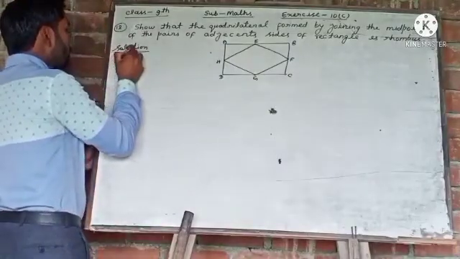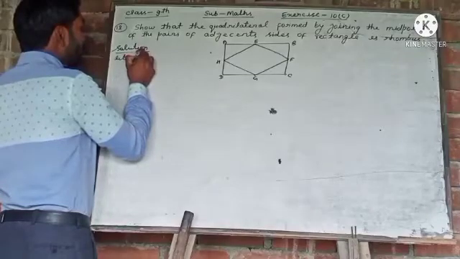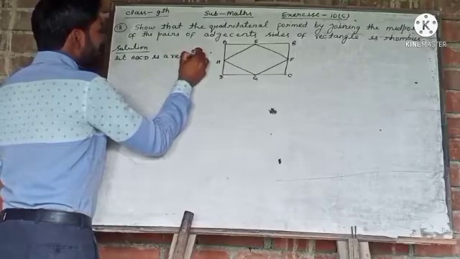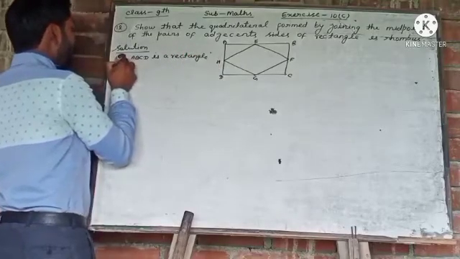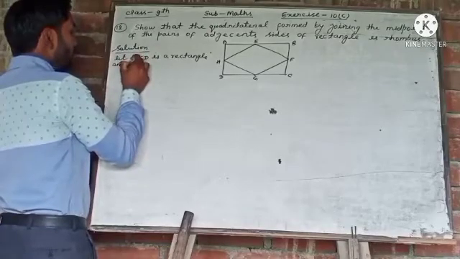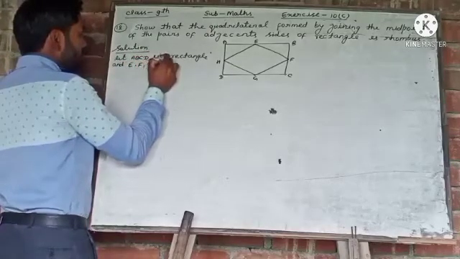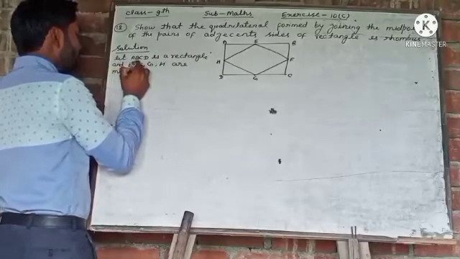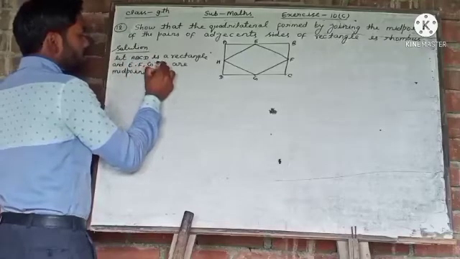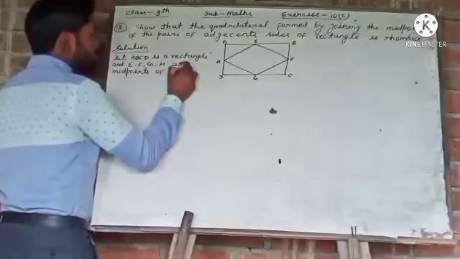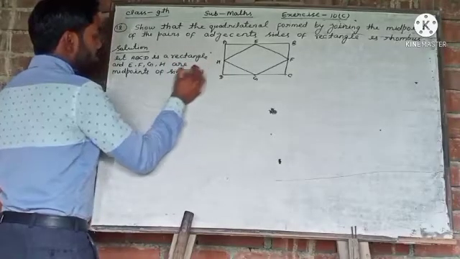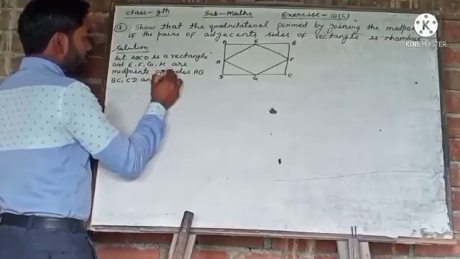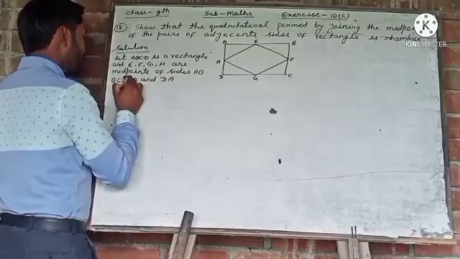So let ABCD be a rectangle and E, F, G, H be the midpoints of sides AB, BC, CD and DA respectively.